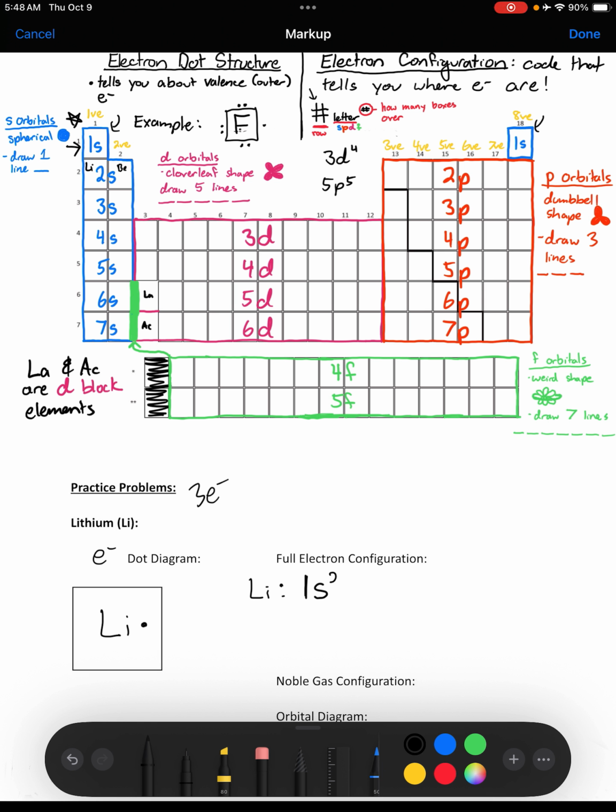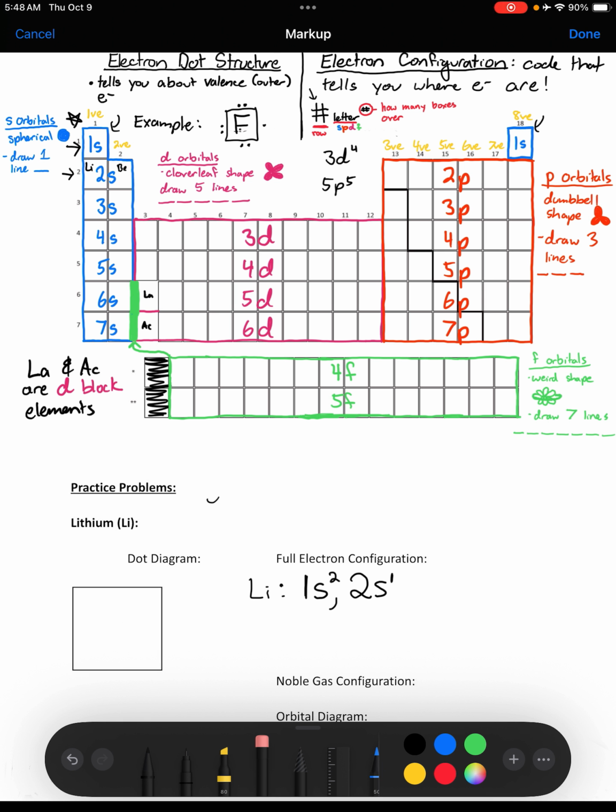So I'm going to put a little exponent of a 2. Now, I'm going to hop down to the second row, row 2. Lithium's in that row. So I'm going to put a big 2, so I'm in row 2. We're still in an S box, and lithium is the very first box in that row. So 2S1 would be the rest of that code. All right? Easy enough. But let's do another example.